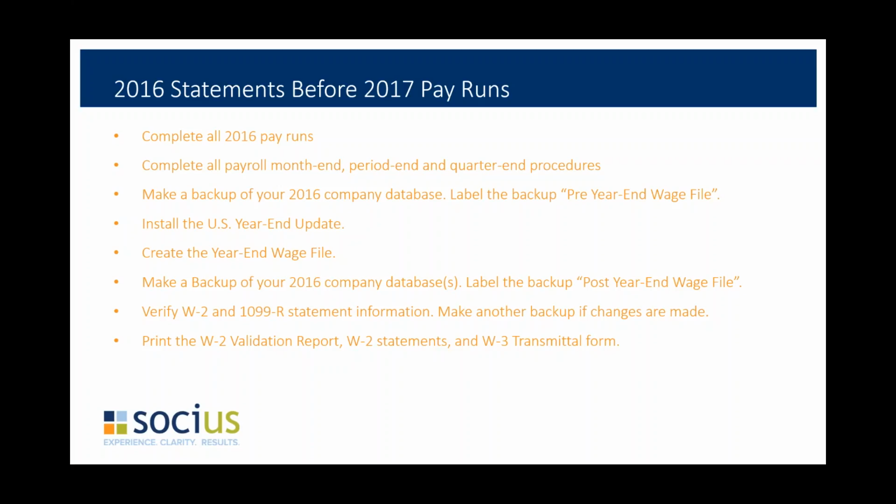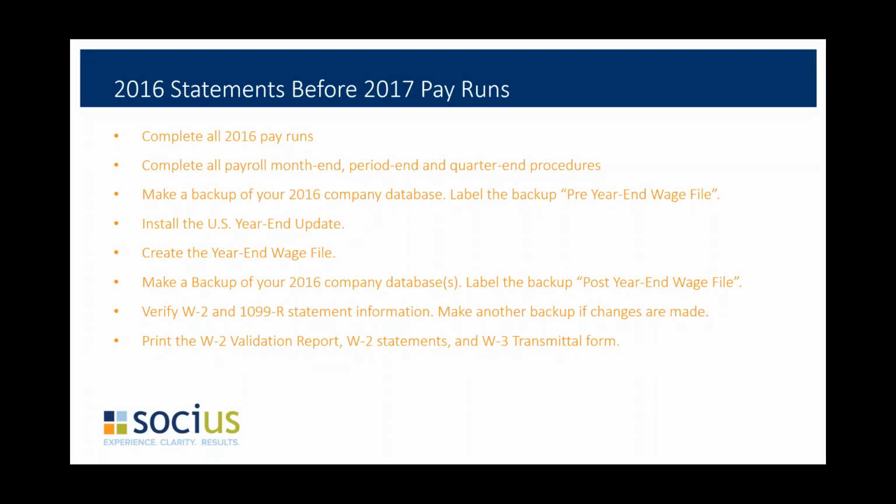Once you've done that process of creating the year-end wage file, the next step we would recommend is to make a backup of your 2016 company databases again, but label this backup as your post-year-end wage file. Notice before we made a pre-year-end wage file, and if something were to go astray, we could always go back to that, and that would have all of our completed 2016 activity with the reports and the month-end processes completed, and then we could go through this process again.